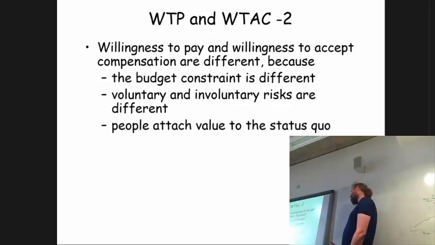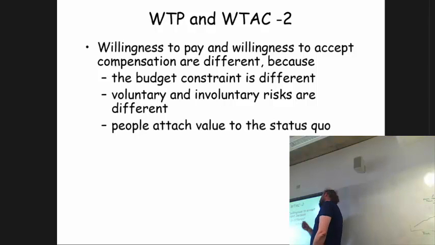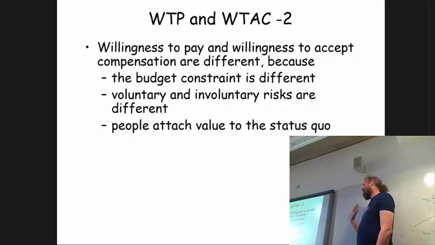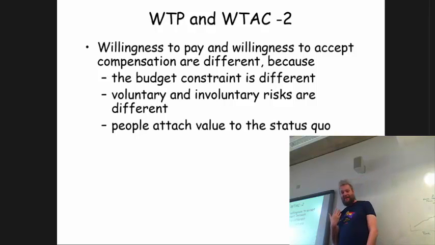And there are two important things here. One is that there's a difference in people's minds between voluntary risks and involuntary risks. If you get drunk, you get into a car, you get into an accident, you lose your leg, that is bad, right?